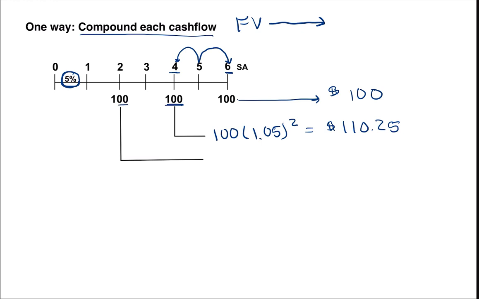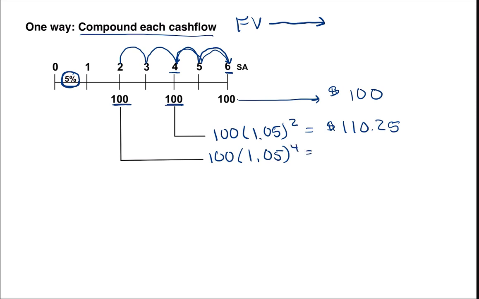Now we'll do the same thing for this cash flow in period 2. We have $100, 1 plus the interest rate, and my exponent is going to be the number of compounding periods left to go. So if I'm here, 1, 2, 3, 4 compounding periods.